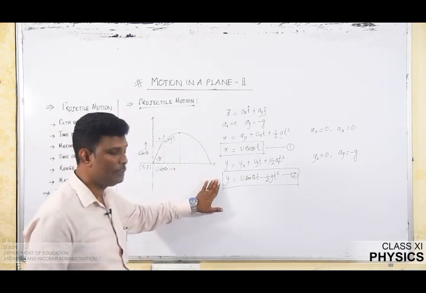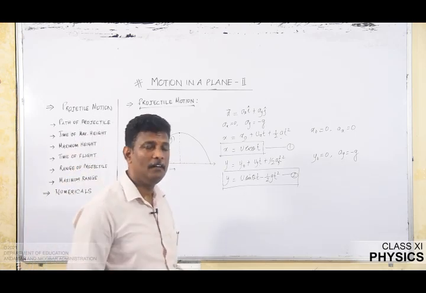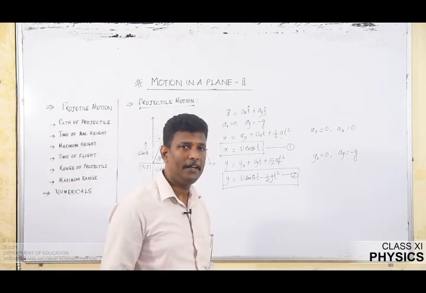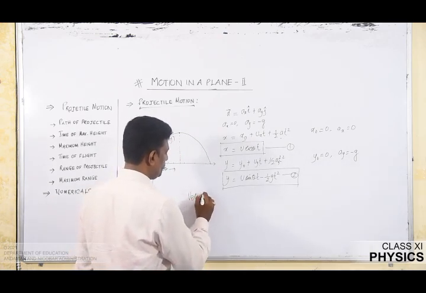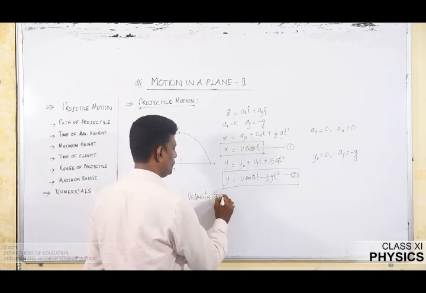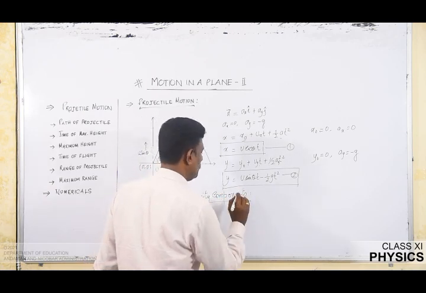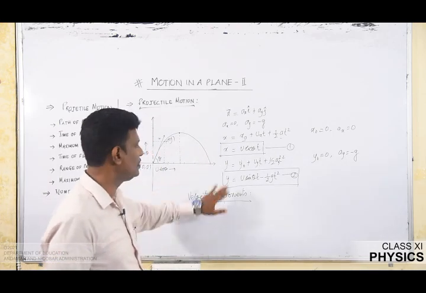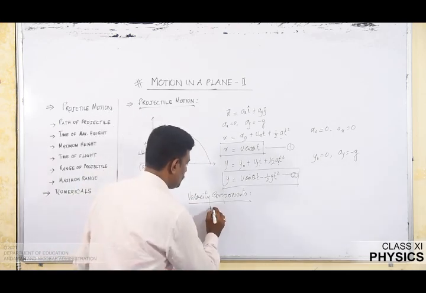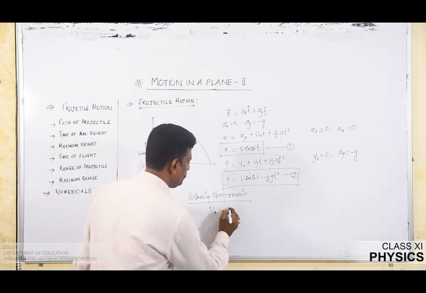Since we have found the position of the object, we can find the velocity components also very easily. So velocity components: if we have got x, we can find the velocity along the x axis, that is Vx is equal to dx by dt.